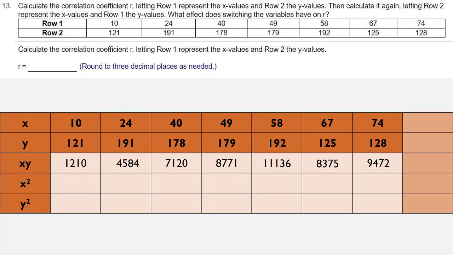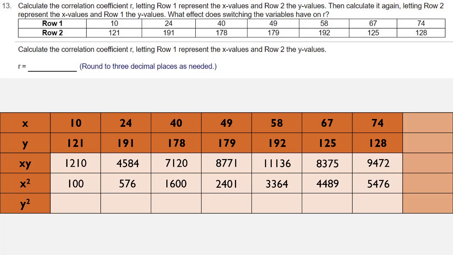How about the x squareds? 10 squared is 100. 24 squared is 576. 40 squared is 1600. 49 squared is 2401. 58 squared is 3364. 67 squared is 4489, and 74 squared is 5476.